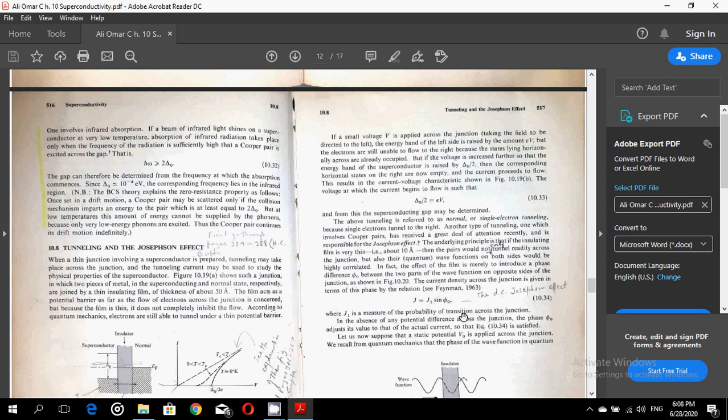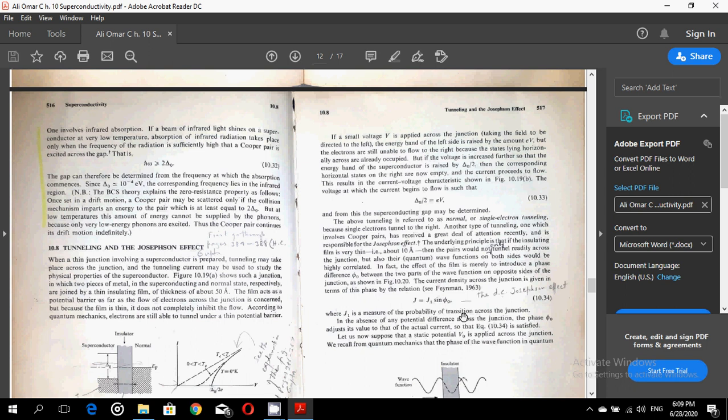Because of the superconducting energy gap delta naught shown here, if the electrons want to tunnel through the insulator and come to the normal phase, this cannot happen because the right hand side is already filled by electrons. There is no space for electrons.